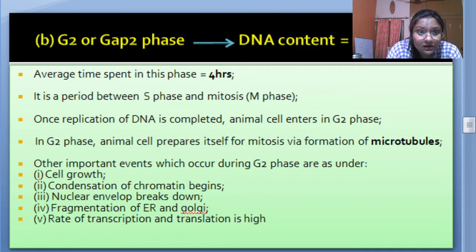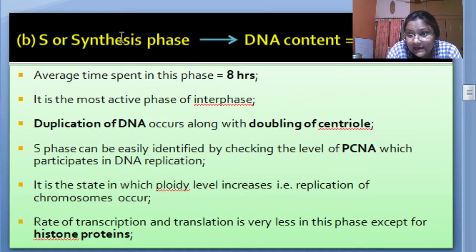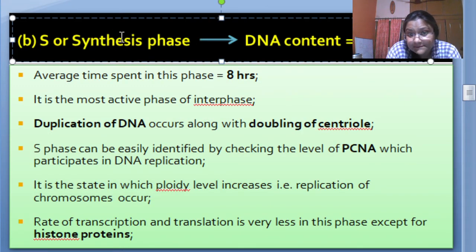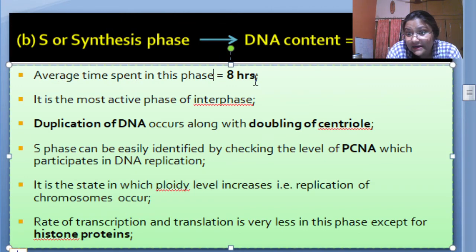Now, after G1 phase, the cell will enter into S phase or synthesis phase, and in synthesis phase, the cell spends 8 hours. And this is the most active phase of interphase. In this phase, duplication of DNA will occur, like DNA replication, and doubling of centriole will also occur.